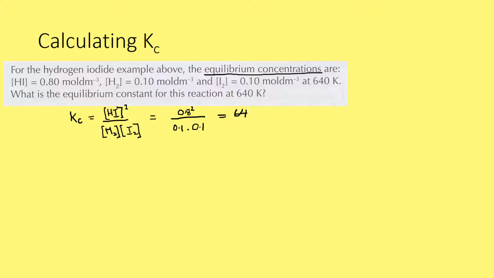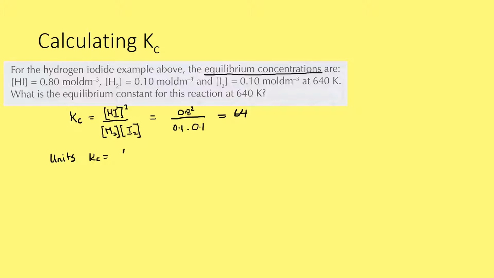However, 64 what? We do need to put the units in, and just like in the rate expression, the units can change. So in order to calculate the units, all we do is put the units into the expression for the equilibrium constant. So Kc equals concentration of hydrogen iodide squared.